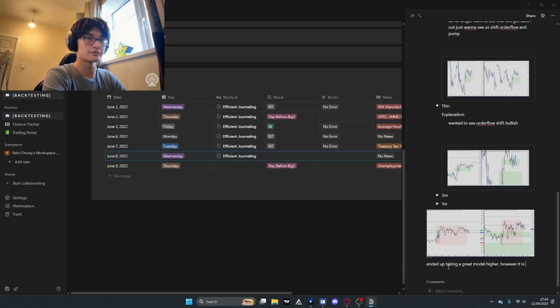However, it is replayed because I was too focused on ES creating the model, since it hit EQ. But if it does hit EQ, it applies to both assets. Therefore, I should not have been zoomed in to ES. NQ was stronger and presented the model first.